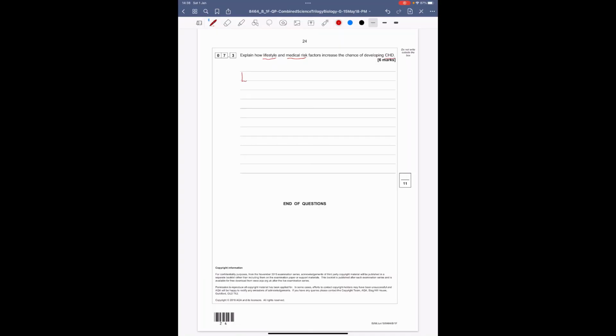So lifestyle factors that you might want to include would be smoking, obesity, and that links to lack of exercise, and eating a high-fat diet. And then you can also have things like alcohol or high salt intake. So they are all lifestyle factors that people are in control of.